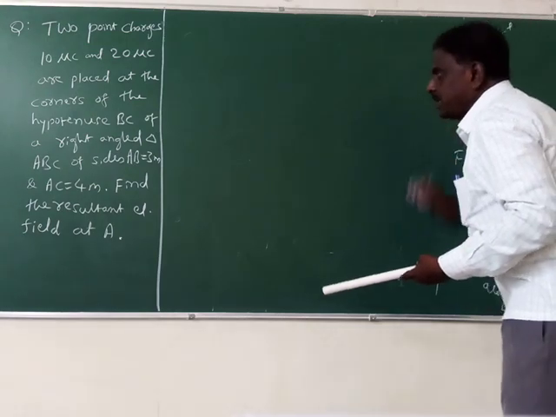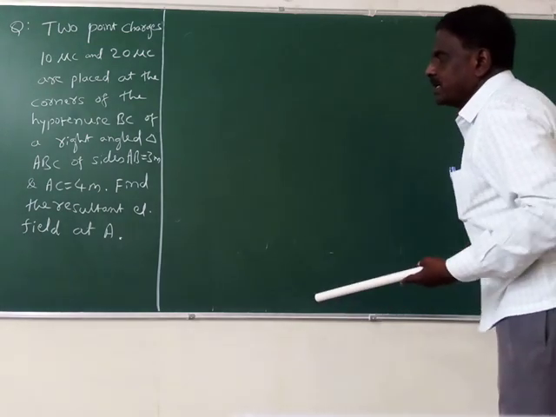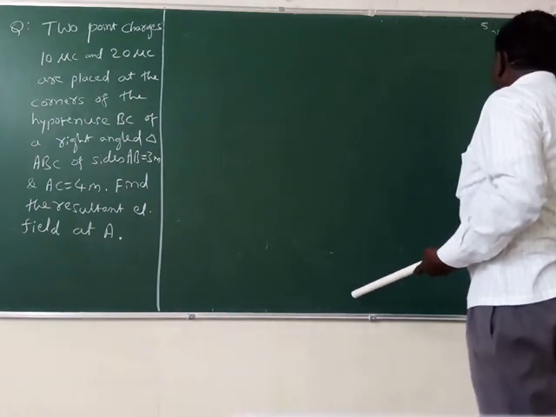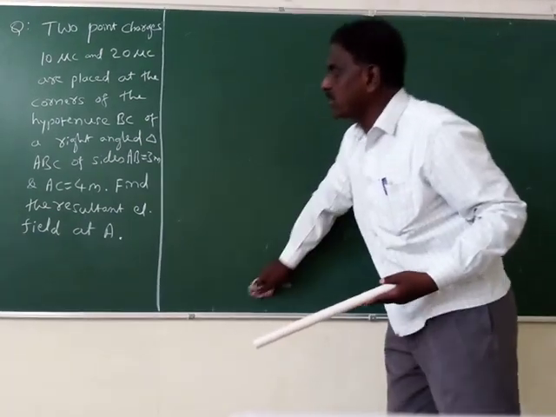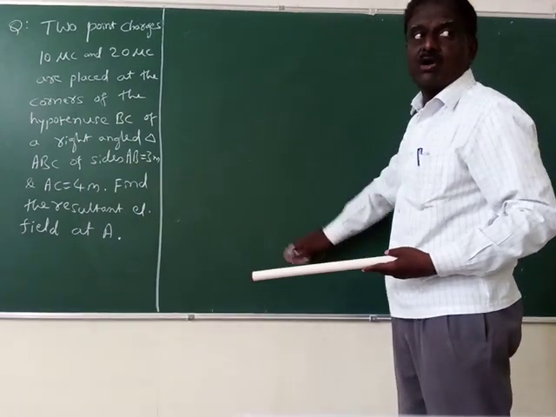The side AB is equal to 3 meter and side AC is equal to 4 meter. Then you are asked to calculate the resultant intensity at the corner A of the right angle triangle.